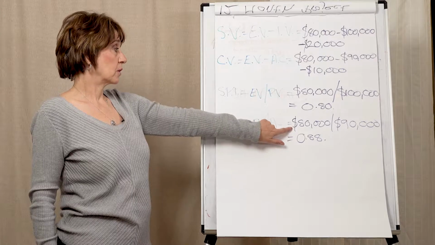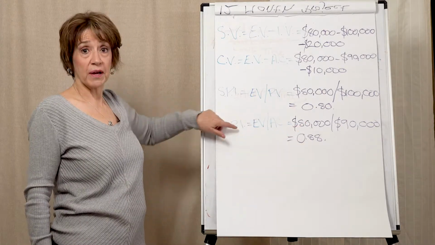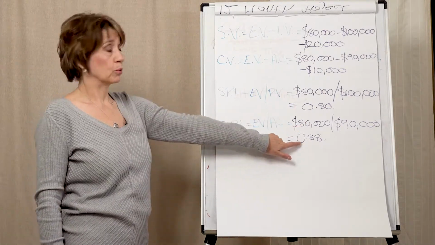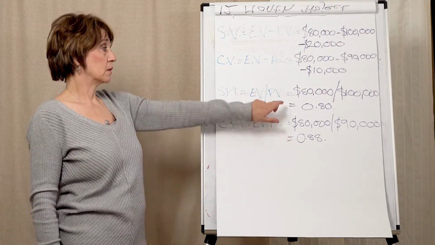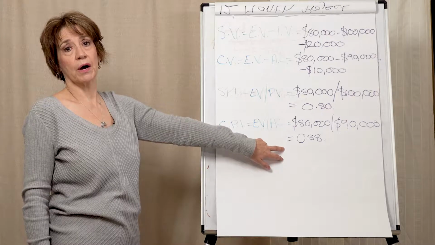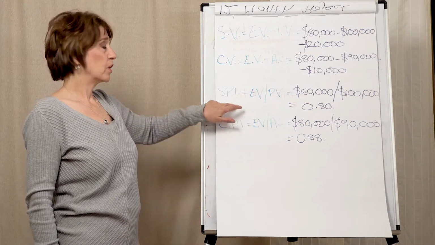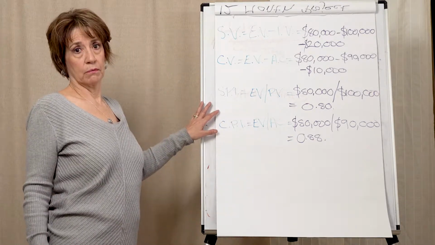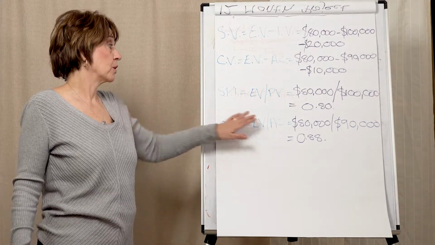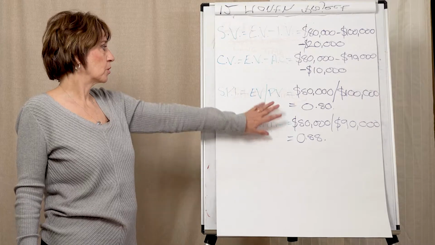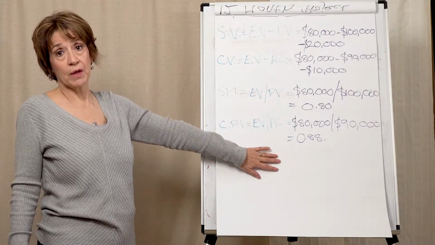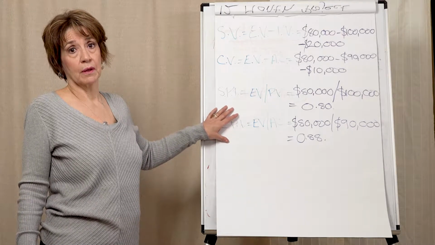This is giving you 80,000 divided by 90,000 equals 0.88. Now both of these aren't good because they're under 1. Your index should always be 1 or as close to that as possible. So 0.80 and 0.88 shows you that you're underperforming and you're overspending.